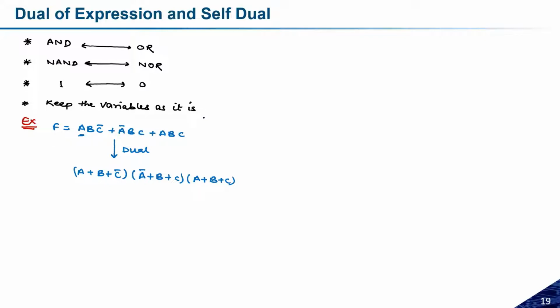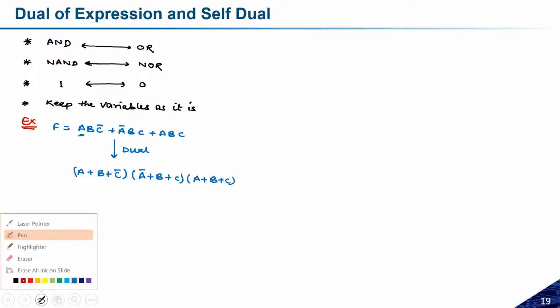Let us take one more example. Initially I considered the SOP form, and after finding the dual, I got the POS form. Let us do it the opposite way.